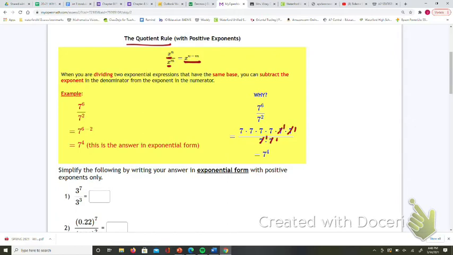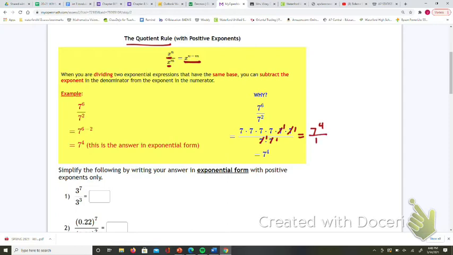So what I have left is 7 times 7 times 7 times 7 in the numerator times 1 times 1. Well, do you remember that anything times 1 is that thing? So what we really have is 7 times 7 times 7 times 7, or 7 to the 4th power over 1.